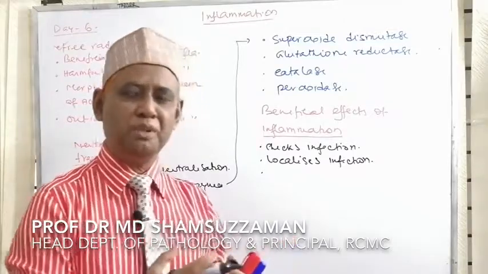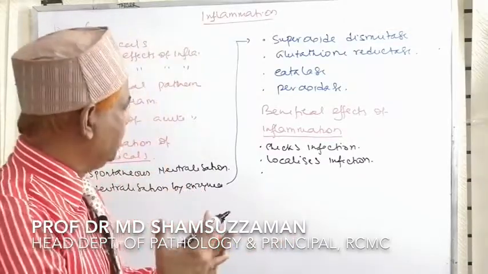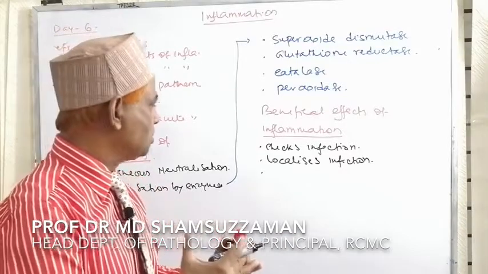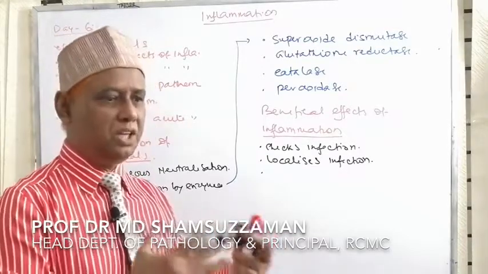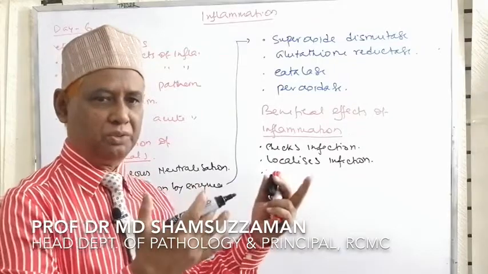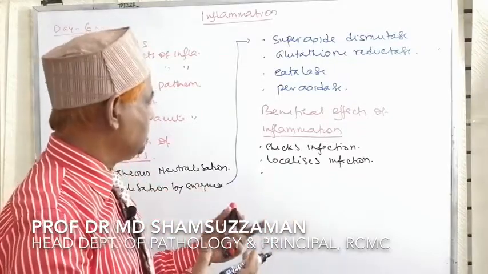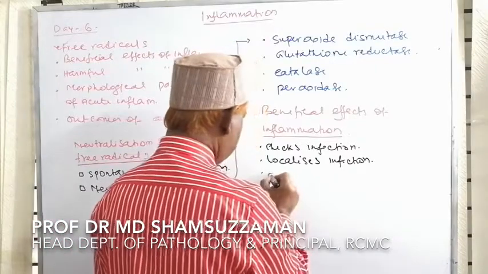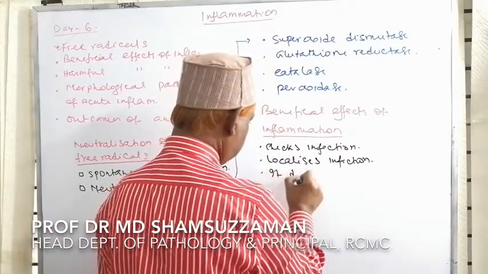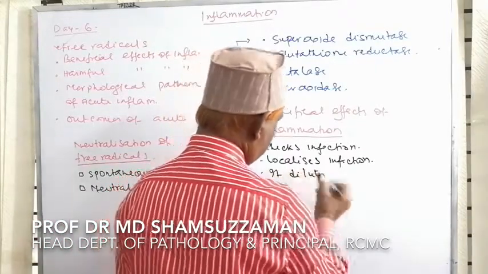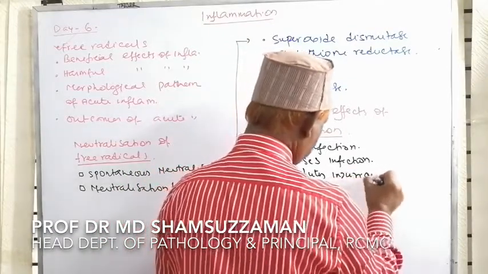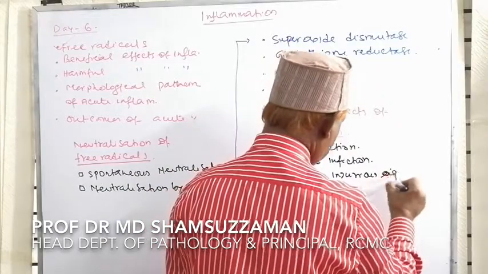You know, in inflammation there is formation of exudates, and exudate makes clots. At exudate clots, it localizes infection, it prevents spread of infection. So by this way infection is localized. Then it dilutes injurious agents.